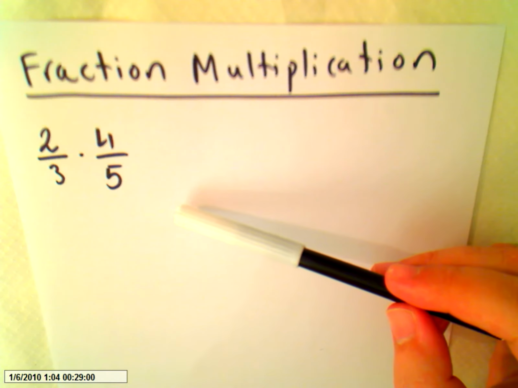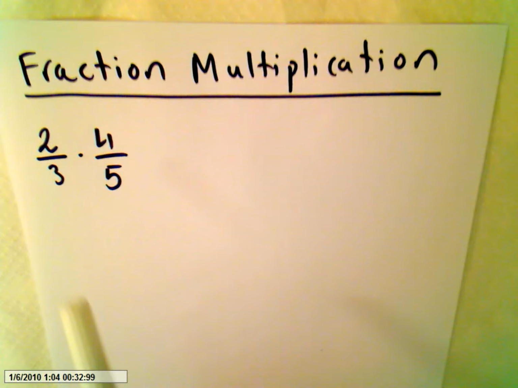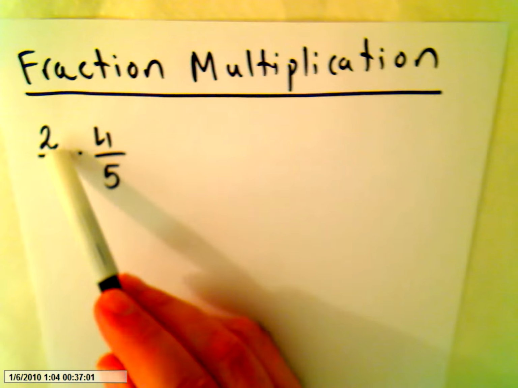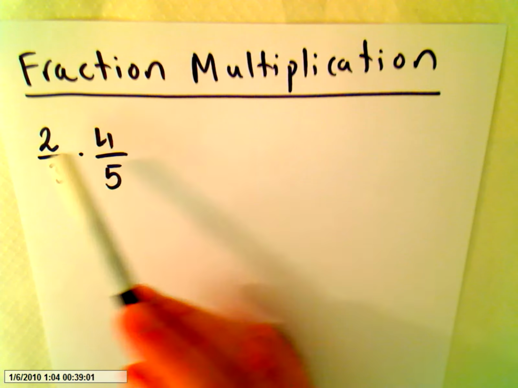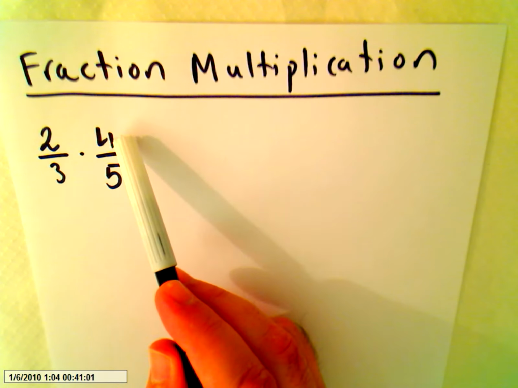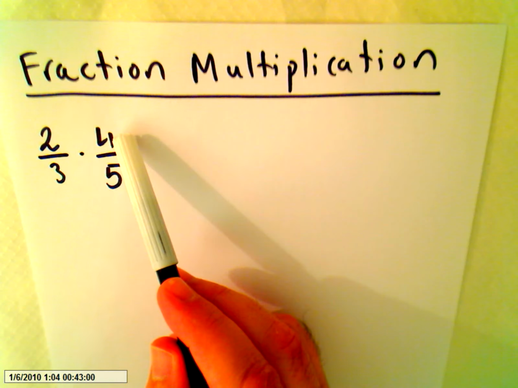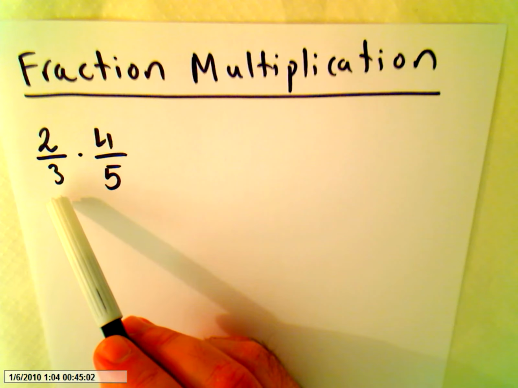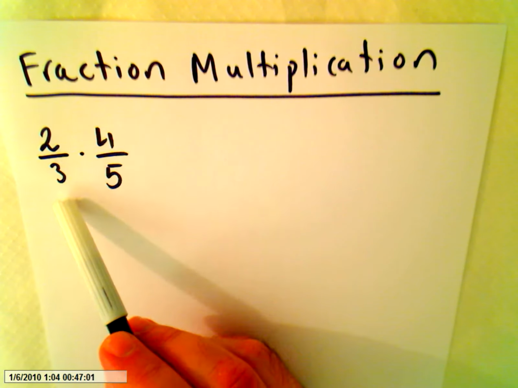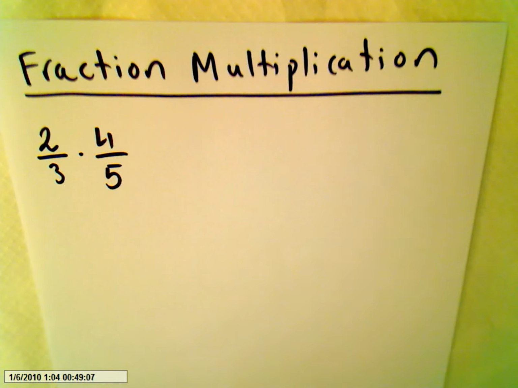All you have to do is multiply straight across. Multiply the numerators, the top numbers, this number with that top number, and the denominators, the bottom numbers, this number with this number.